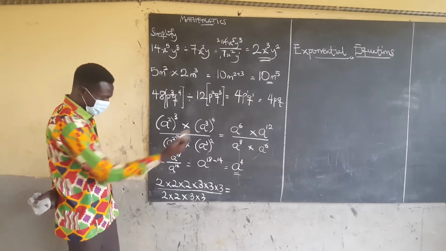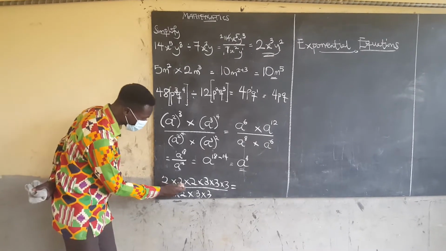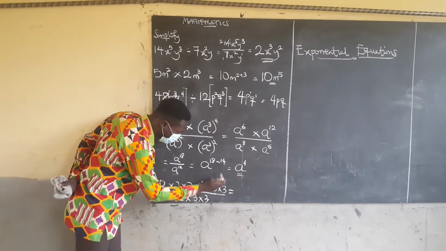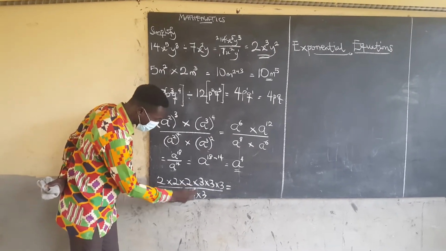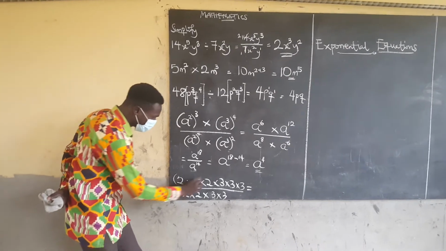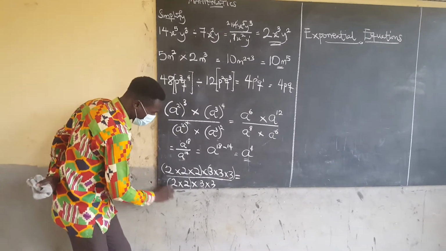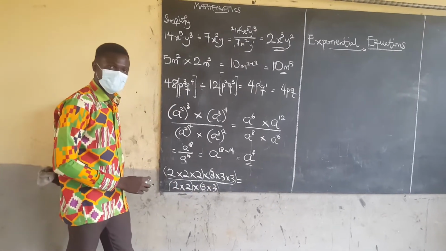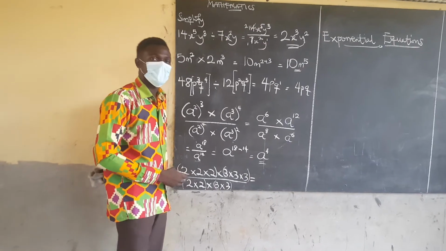Now let's look at the last one. You say simplify 2 times 2 times 2 times 3 times 3 times 3, all over 2 times 2 times 3 times 3. We are going to deal with the ones with the common numbers. So we write this one in index form. For more explanation on this, you can visit our previous videos.